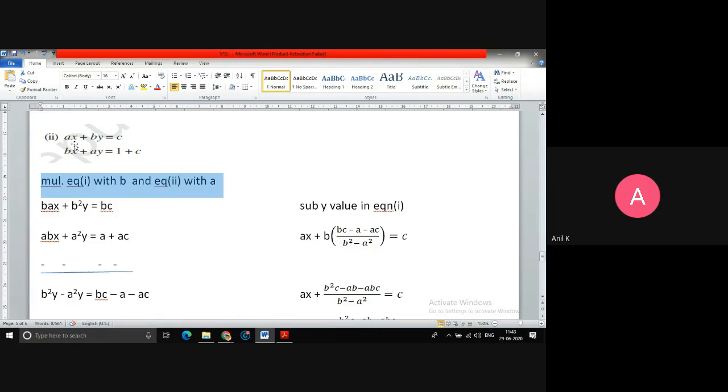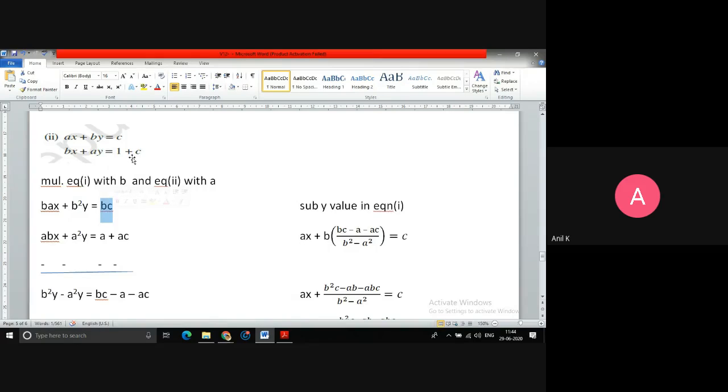So if I multiply equation 1 with b: b into ax, which is bax; b into by, which is b square y, because b into b is b square; and b into c, which is bc. Equation 1 is multiplied with b.